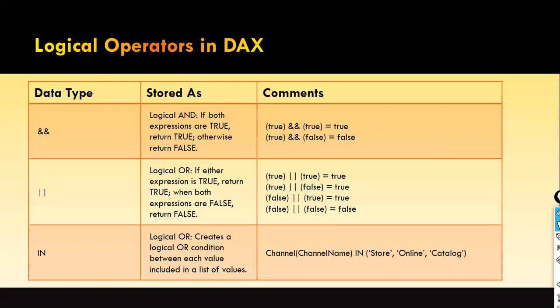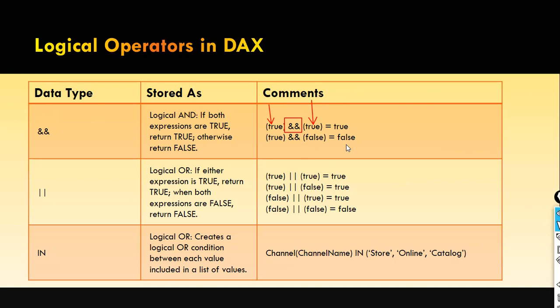In that case you have two conditions: region equal to north and country equal to United States. You want to combine these two things. Only when these two conditions are true, then it has to calculate the total sales. So in that kind of situation, you need to use double ampersand, instead of using a single ampersand.